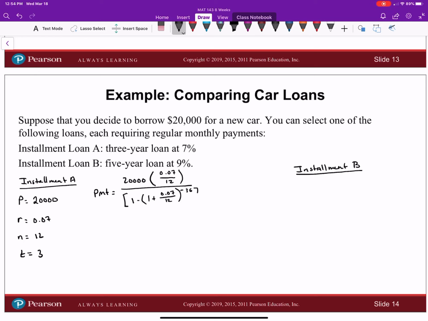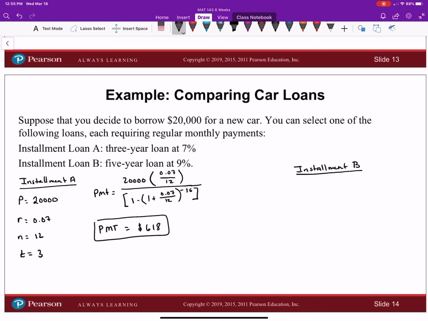So we raise that to the negative 36. The most common problem I've seen in this type of problem is people forget to put the negative sign, then they wind up getting the answer incorrect. So our monthly payment, once we put everything in the calculator, would be about $618. Okay? That's what you get for installment A.